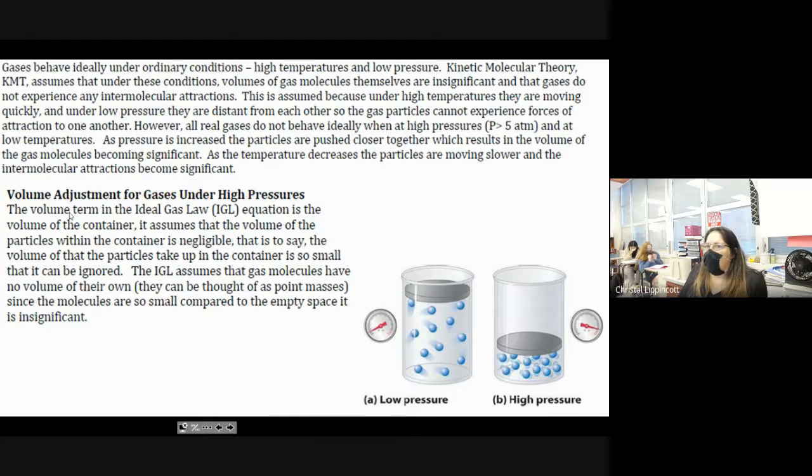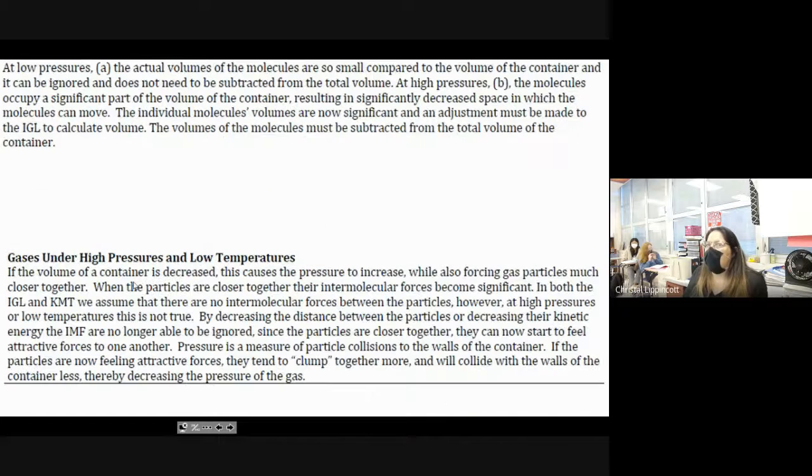Okay, so volume in terms of the ideal gas law equation is the volume of the container. It assumes that the volume of the particles within the container is negligible. That's to say that the volume of the particles taking up the container is so small that it can be ignored. Again, at low pressures, the volumes of the particles are so small compared to that of the container that we ignore them.